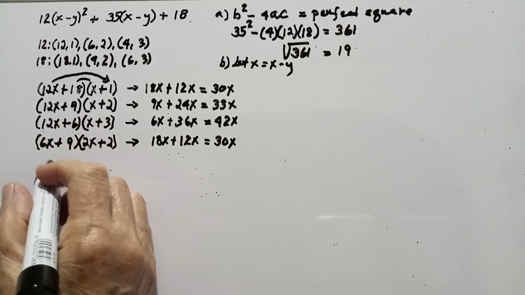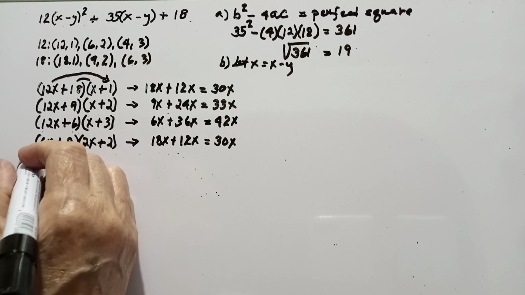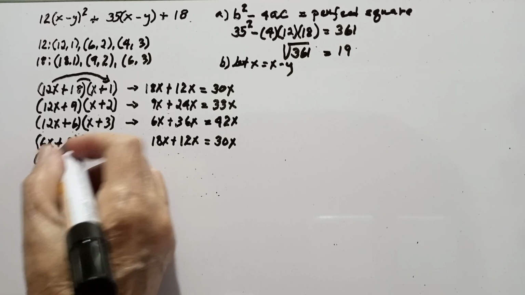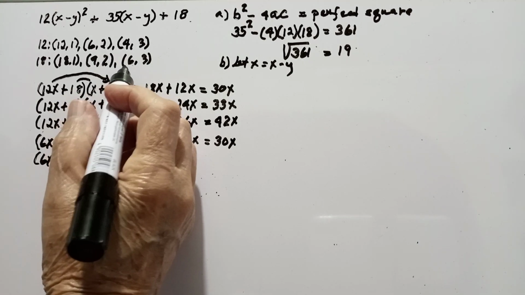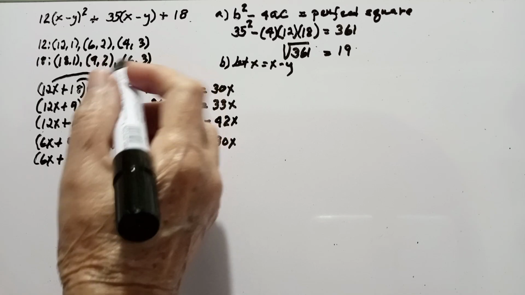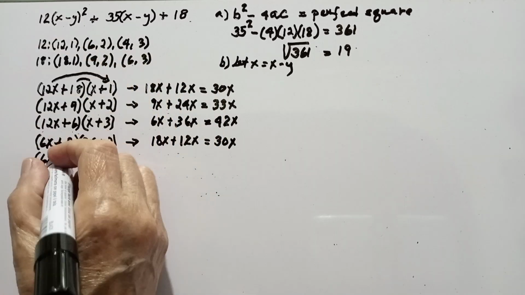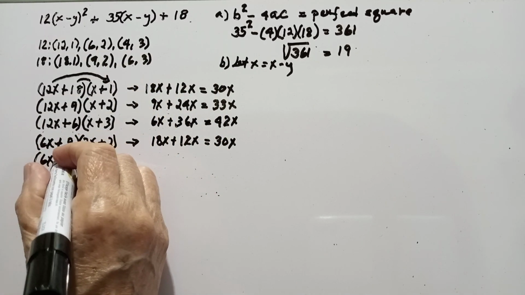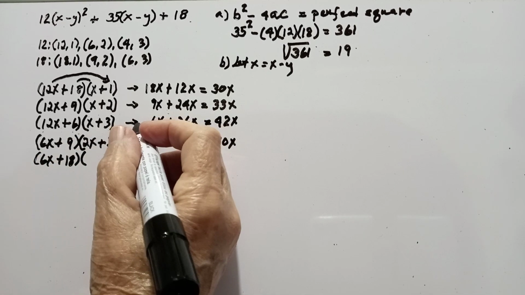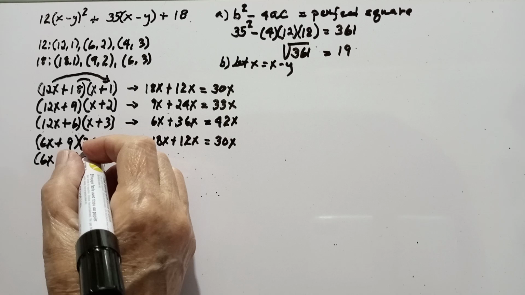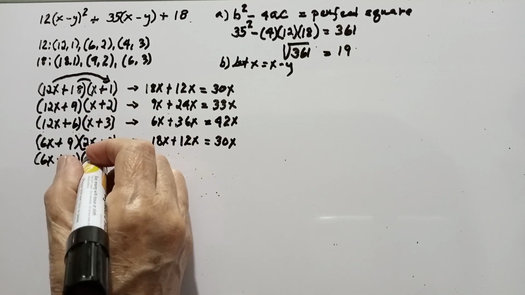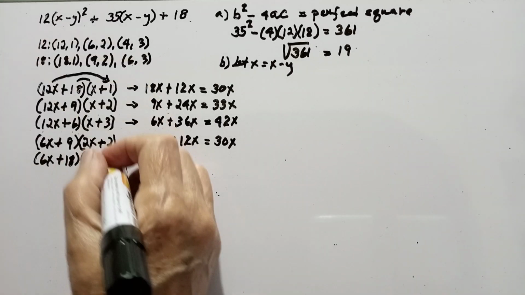Now let's go to the next. We have 6x plus, where are we now? Oh, we forgot the 18. Sorry. So we'll go to the 18 first. 18 times 6x, 2x plus 1.